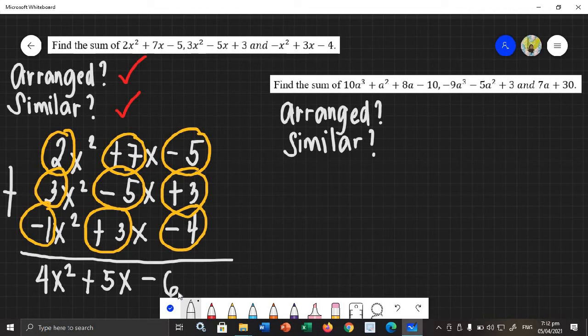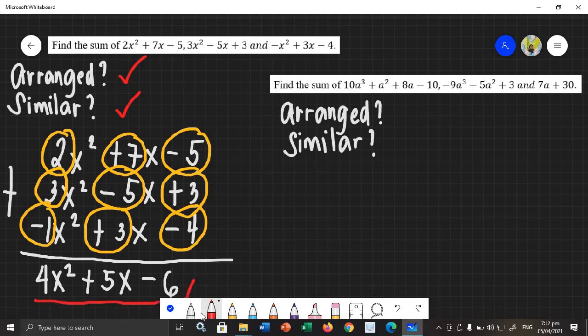So therefore, we can say that the answer for problem number 3 is equal to 4x raised to the second power plus 5x minus 6, and it is already arranged in standard form. So, wala na tayong problem doon. This is now your sum.